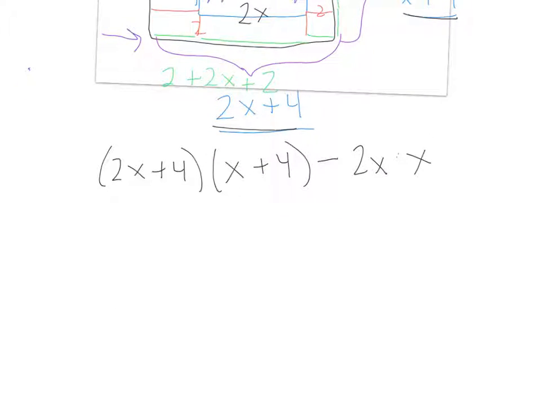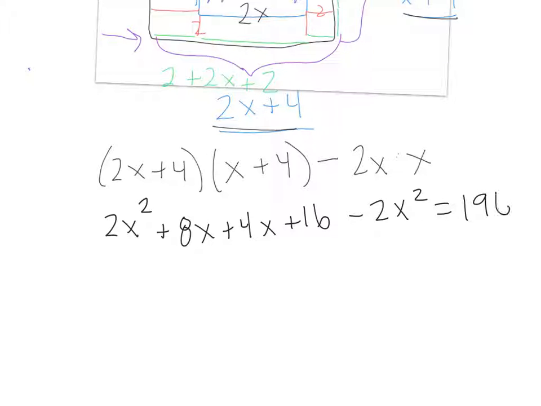I'm going to do a little bit of math here. If I FOIL 2x plus 4 and x plus 4, I'm going to get 2x squared plus 8x plus 4x plus 16, and then subtract 2x times x, which is 2x squared. Now, I am going to set that equal to 196 because what I had just found, that expression, is just the area of the walkway, right?